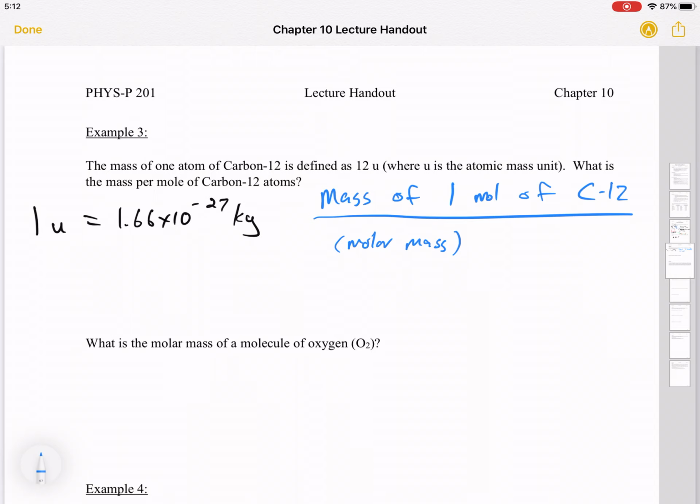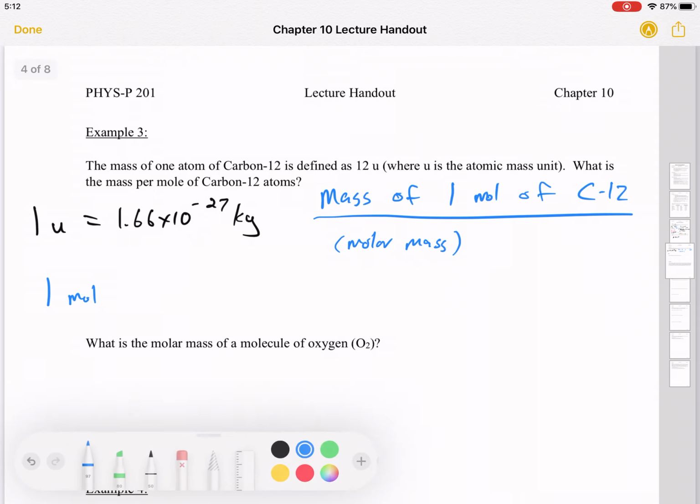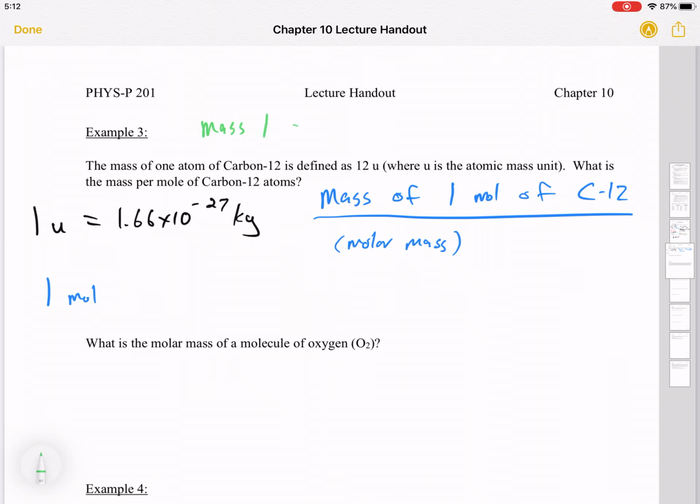So the mass of 1 mole. So I start with 1 mole of atoms, right? And I want to know the mass of that. So what do I have? I have that the mass of 1 atom is 12 atomic mass units. Okay. So we could do this.